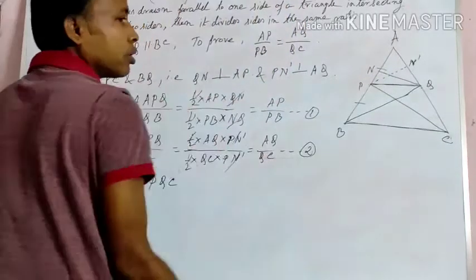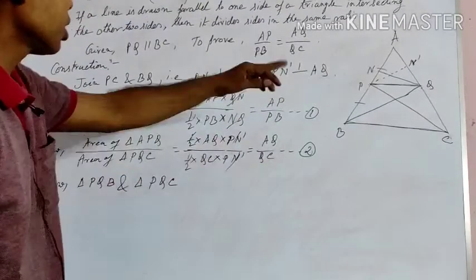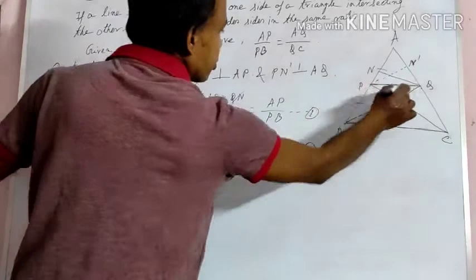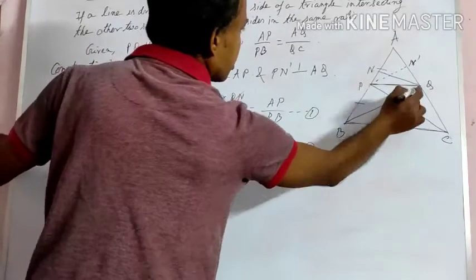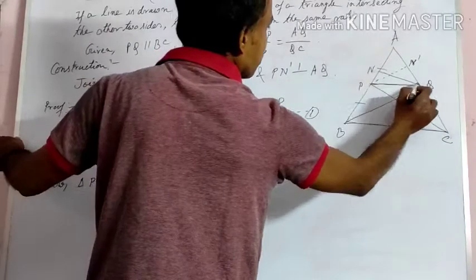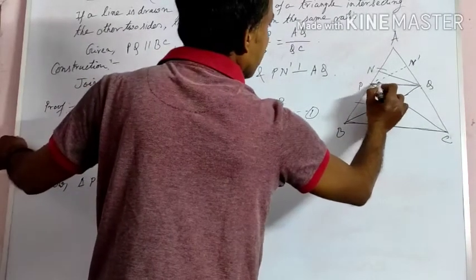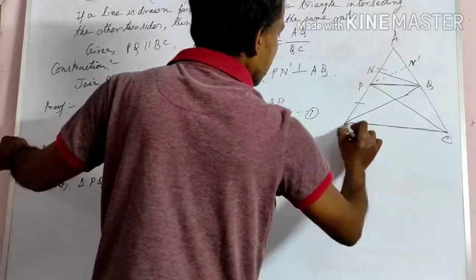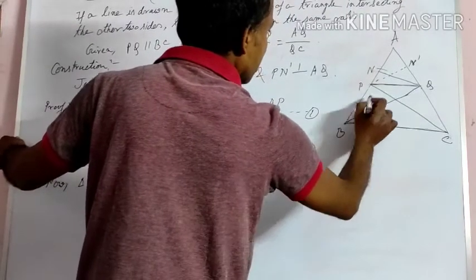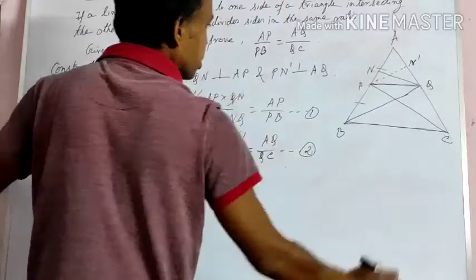Therefore the areas of these two triangles will be equal.